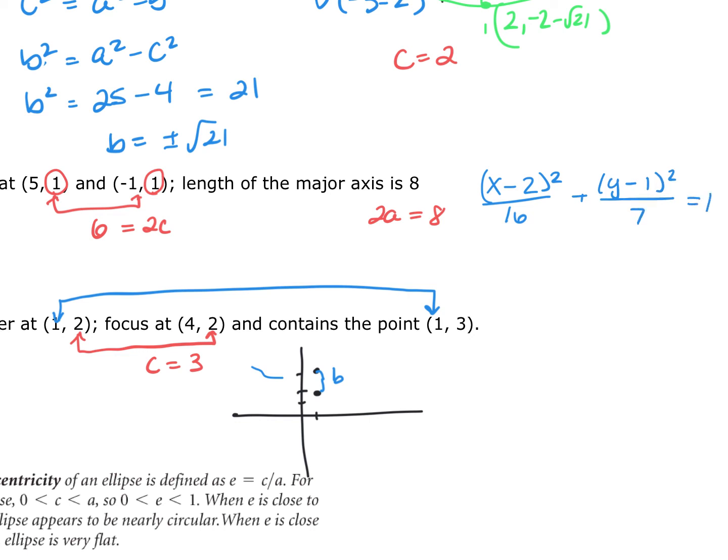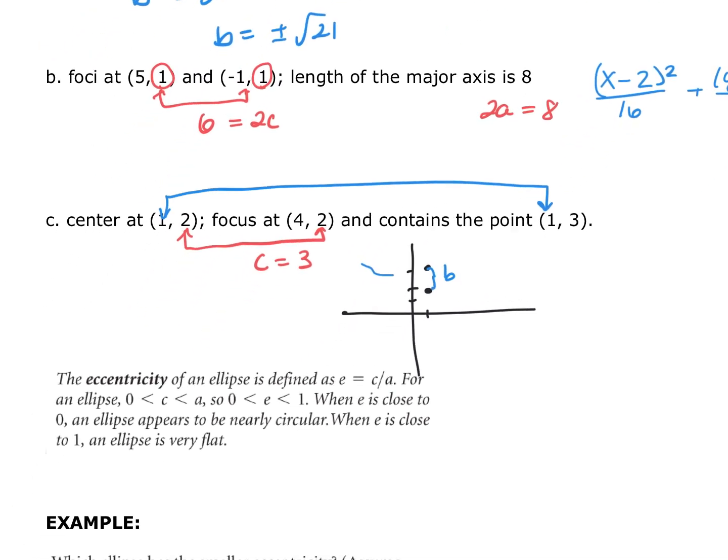And you're going to think, how did I get the center? Remember, the center is halfway between these two. And this gives me c, this gives me a. Therefore, I can find b by taking half of this 6 and squaring it, and subtracting from the 16. And so I end up with the 7 here.